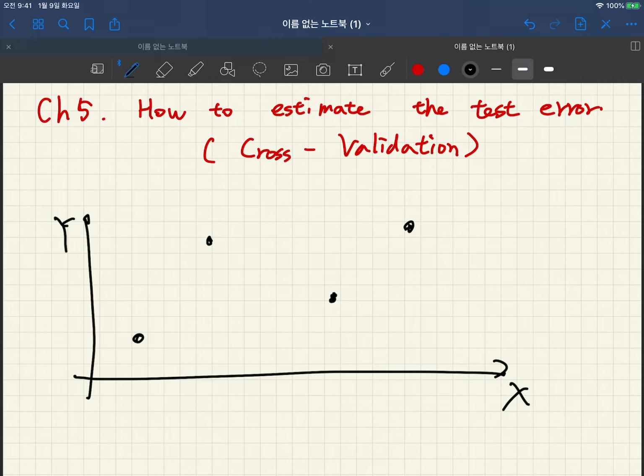So now you have to find the f hat that is close to the real function f, but we don't know what f is. So to find f hat, there are two possible approaches. First, you assume that f hat x is equal to beta 0 plus beta 1 x shape.